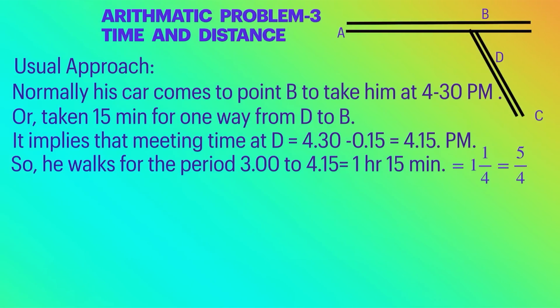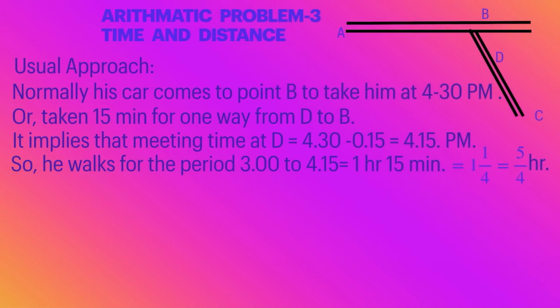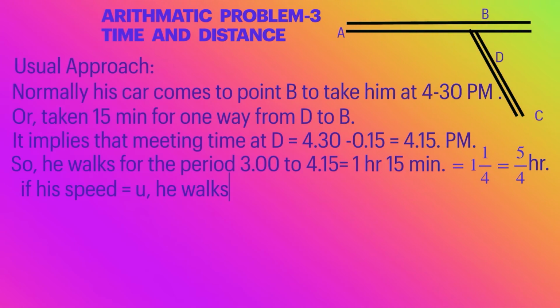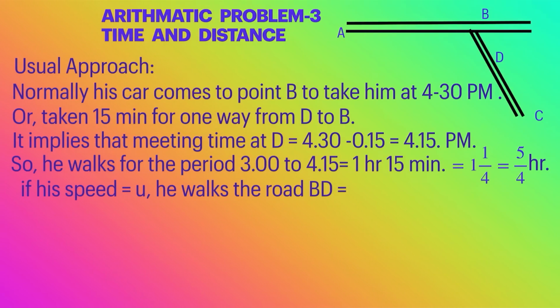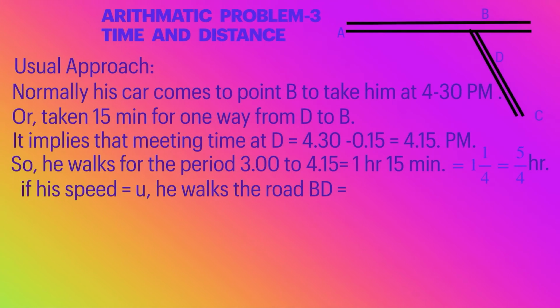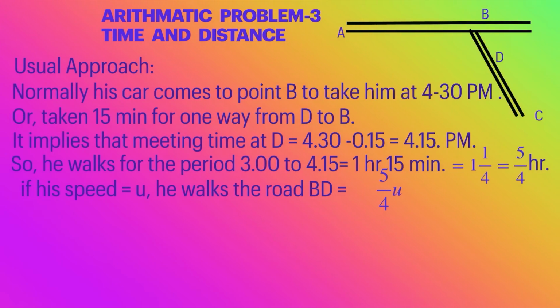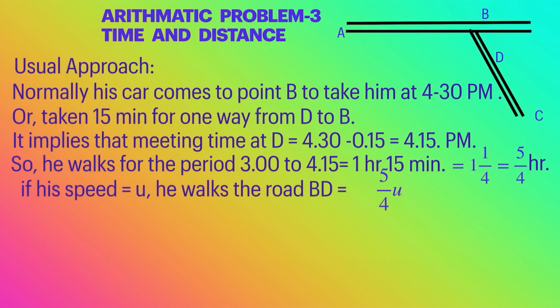Now 1 hour 15 minutes equals 5 by 4 hour, we may write it. If his walking speed equals u, then the distance covered by walking, that is BD, equals speed times time, so 5 by 4 into u.